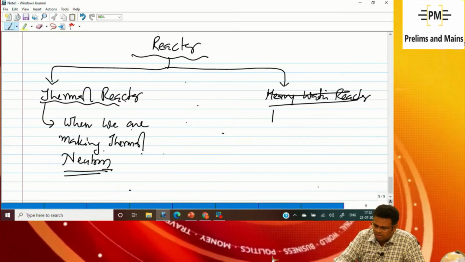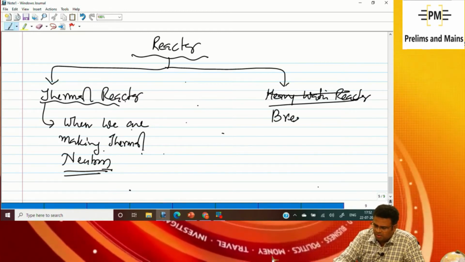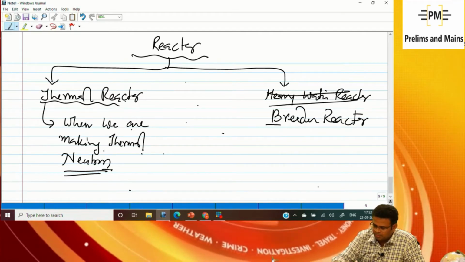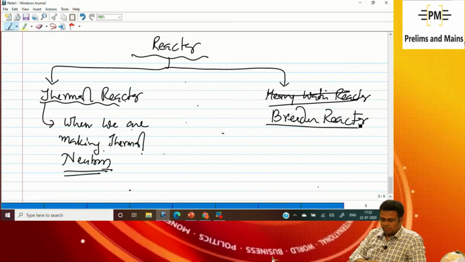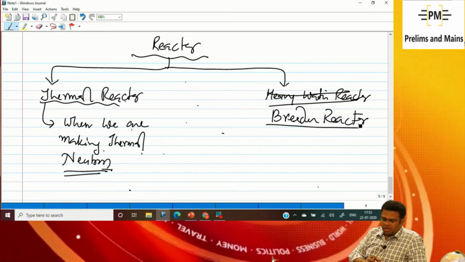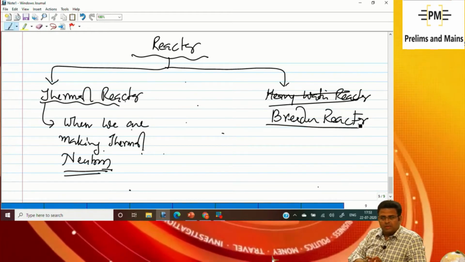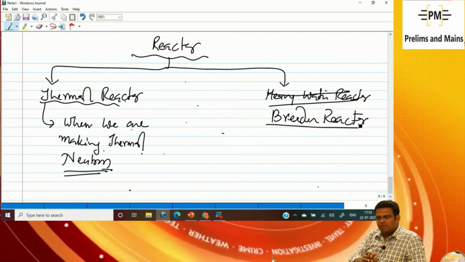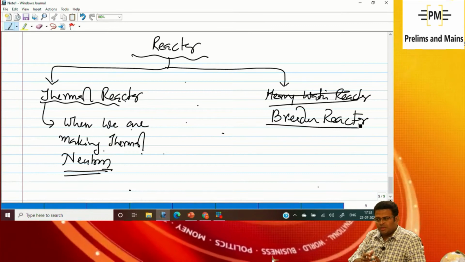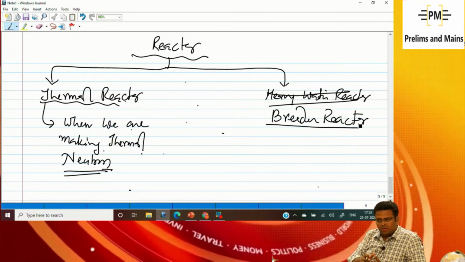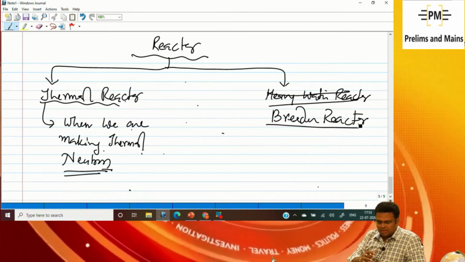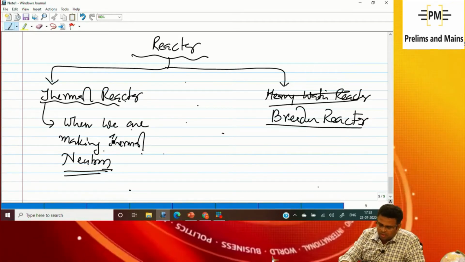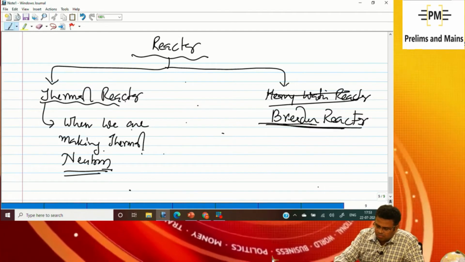Better to say, that is a breeder reactor, we should say breeder reactor. So, whenever we are making thermal neutrons, that reactor is considered a thermal reactor. Clear to you? And another one is the breeder.